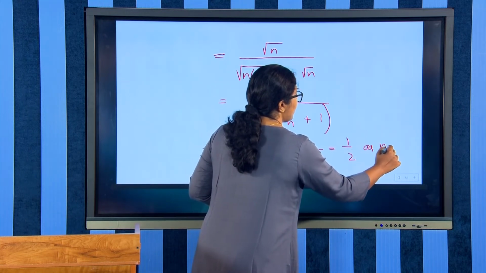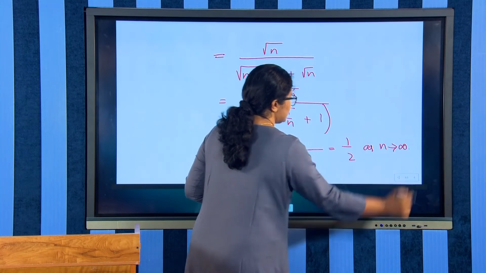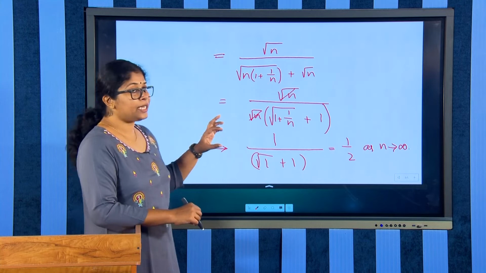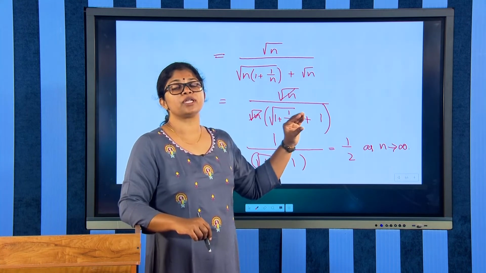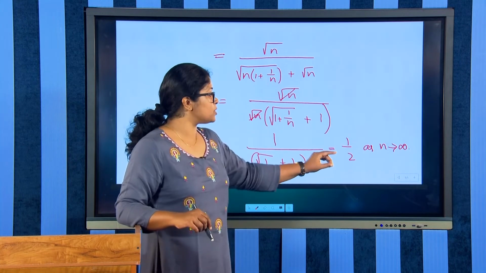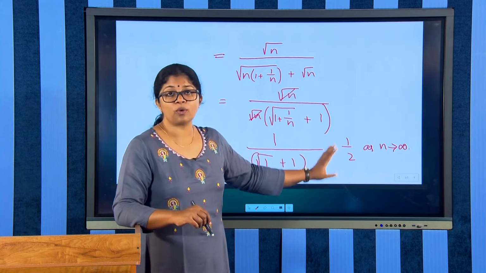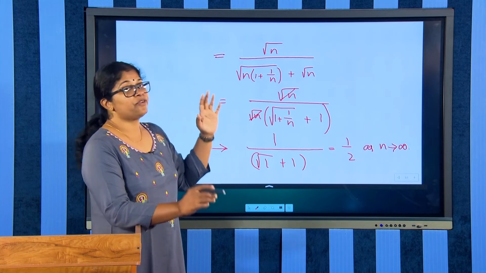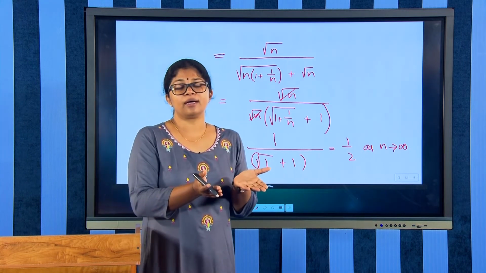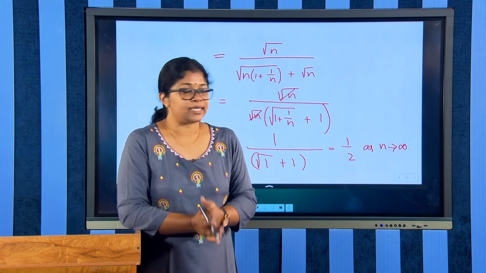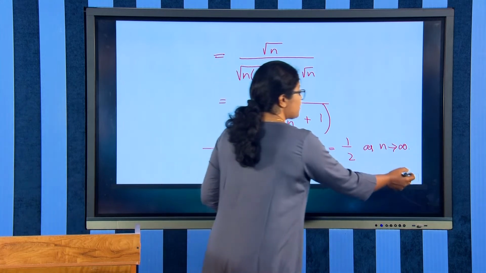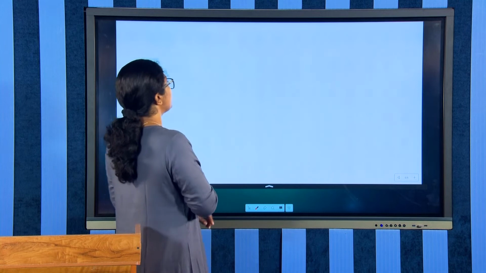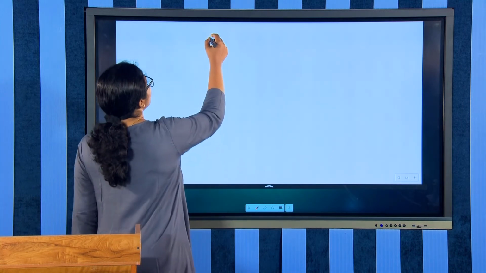So, we can see that the limit as n tends to infinity of the ratio of the nth terms goes to a finite non-zero value, and so both the series converge or diverge together according to the limit comparison test, which we have seen in the tests for convergence of infinite series.